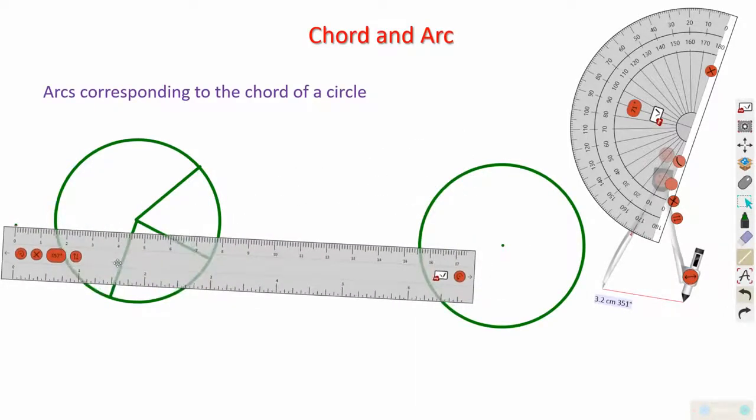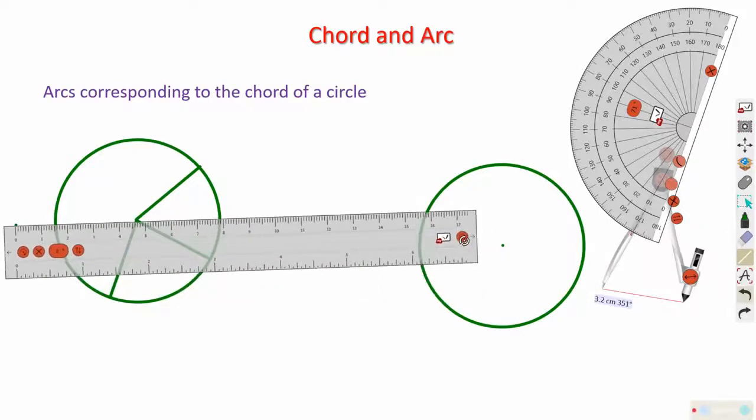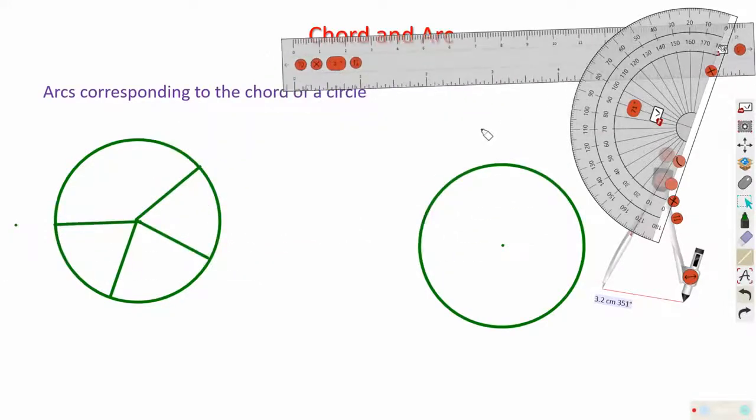Okay, so I have to connect that with the center. So this is another angle and the measurement is almost 70. Almost 70 means almost 70. Now I am going to mark all this.